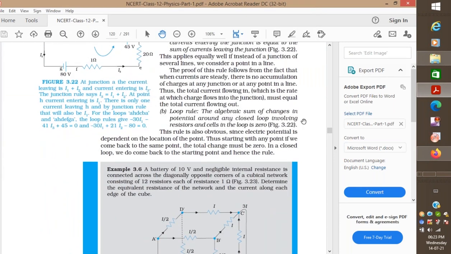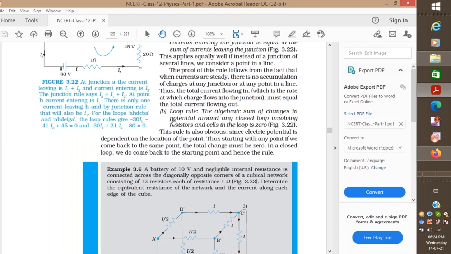In other words, there may be many resistors in the circuit, and one or more cells in a loop. If you find the voltage drop across all the resistors and take the sum, it will be equal to the sum of the EMF of the cells.